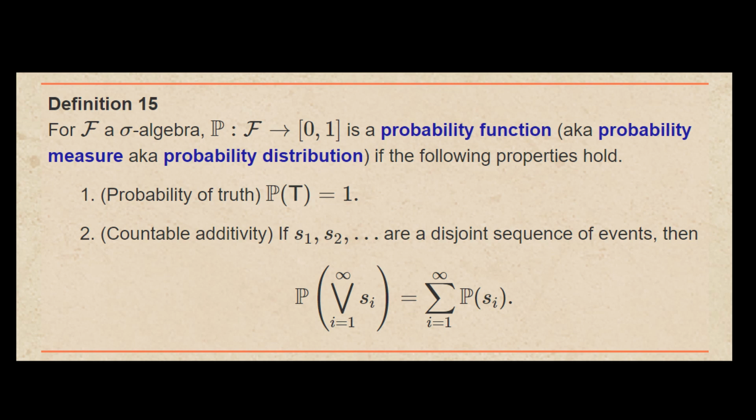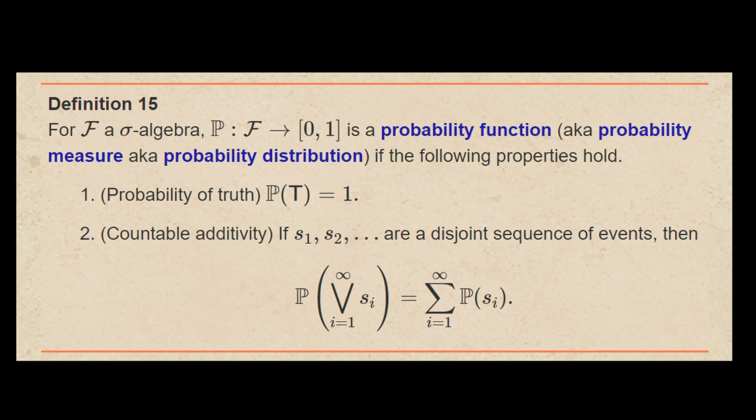Now that we have an idea of what kind of collection forms a set of events, it is possible to formally define what is a probability function. And there are two pieces to the definition of a probability function. For script F a sigma algebra, P with domain script F and codomain the interval from 0 to 1. So all the inputs come from script F, all the outputs lie in [0, 1], is a probability function, also known as a probability measure, also known as a probability distribution, if the following properties hold.